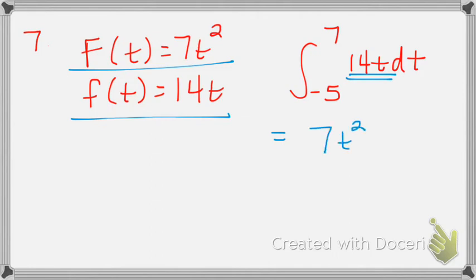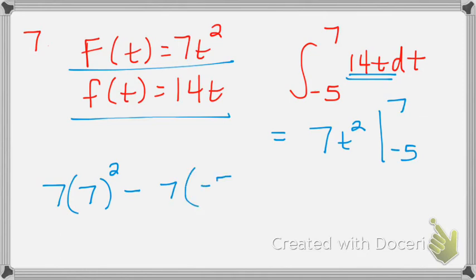So we find the original, evaluate it at those two numbers, and subtract. So 7 times 7 squared minus 7 times negative 5 squared. And then I work that out, and you get 168.